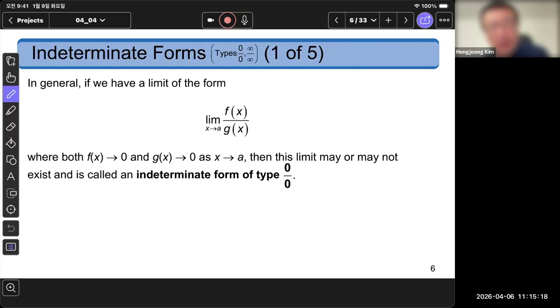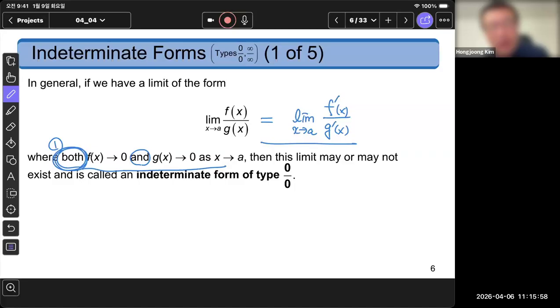If the first condition holds, that both f of x and g of x approach 0 as x approaches a, then this limit can be obtained by considering the limit of f prime of x over g prime of x as x approaches a.